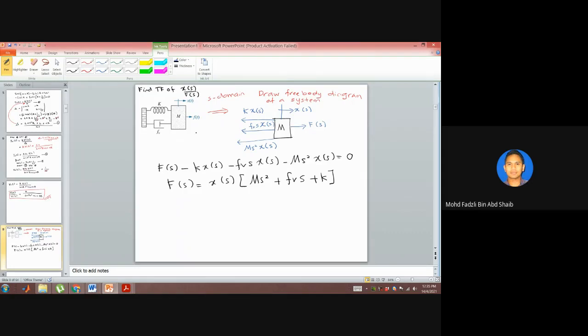So XS over FS becomes 1 over M S squared plus FV S plus K. This is the transfer function that they want. TF is transfer function. This is the answer.